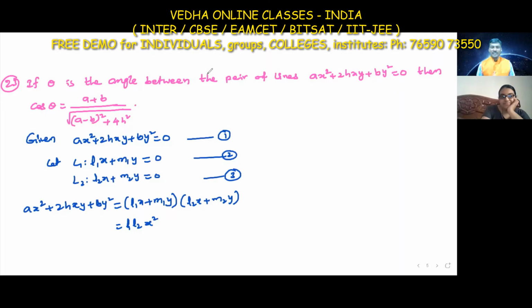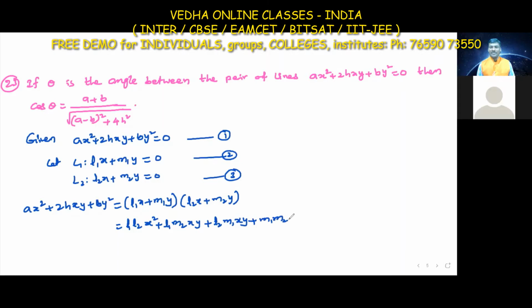So here L1 L2 x square, and L1 into M2 xy plus M1 into L2 x into y xy, plus M1 M2 y square.